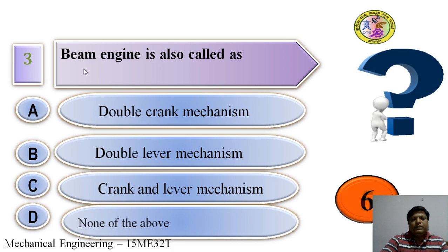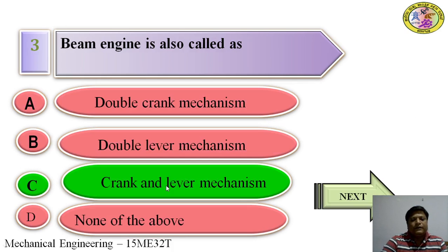Its applications are extrusion of steel rod, sawing, controlling the inlet valve, meaning the control valve in high pressure gas pipelines and fluid oil pipelines, punching and piercing, etc. So a beam engine is also called a crank and lever mechanism.